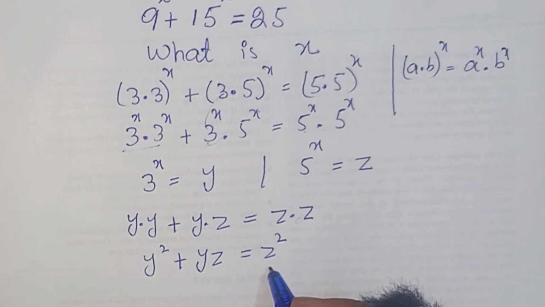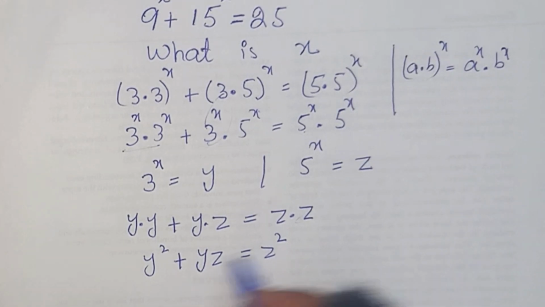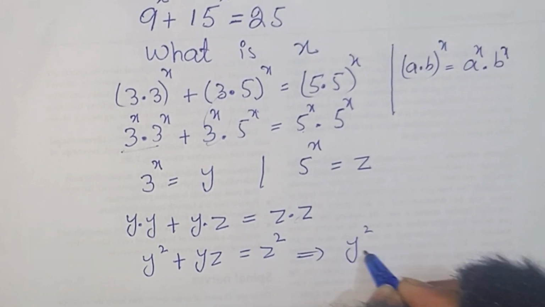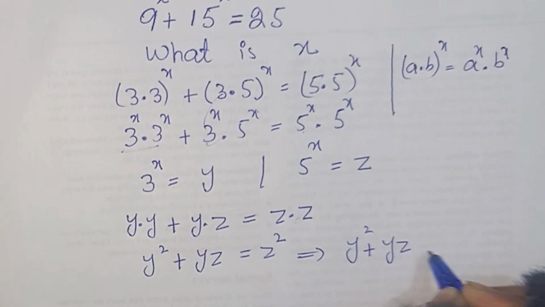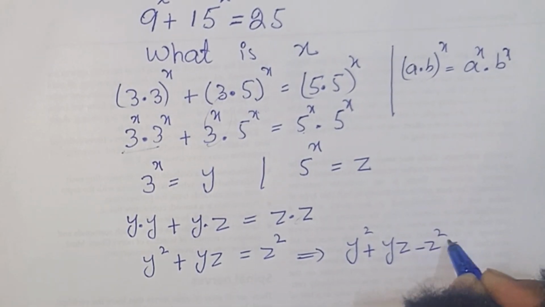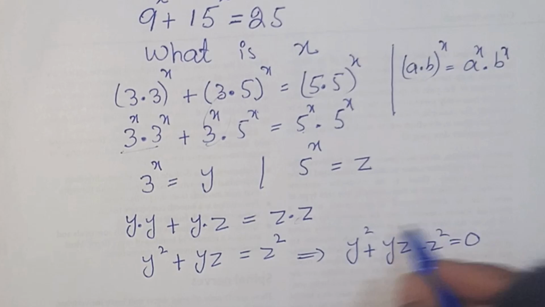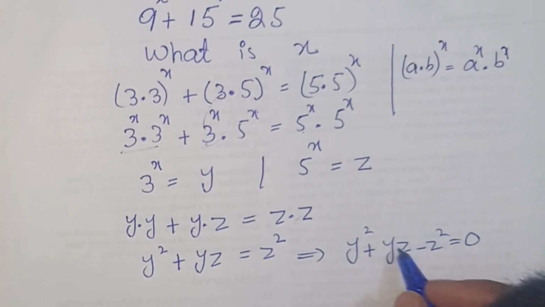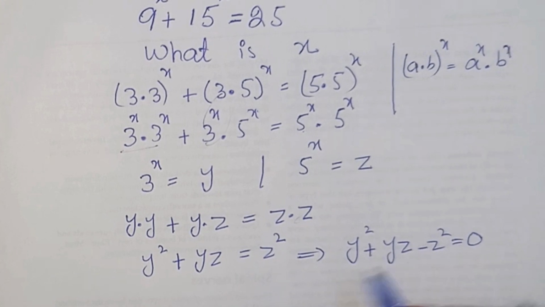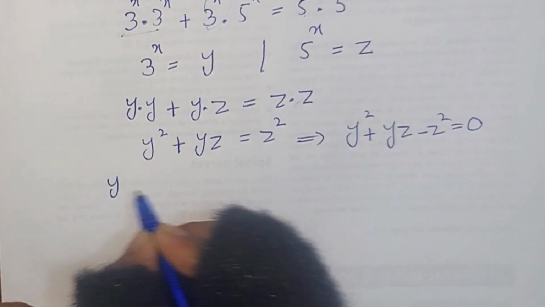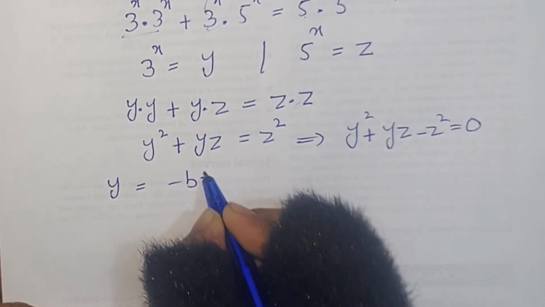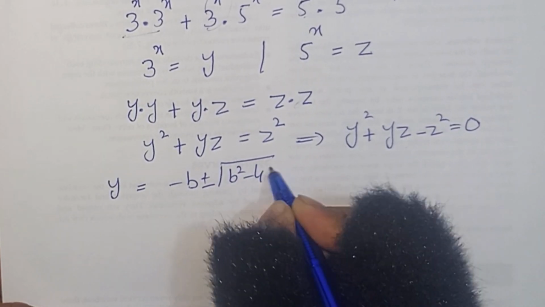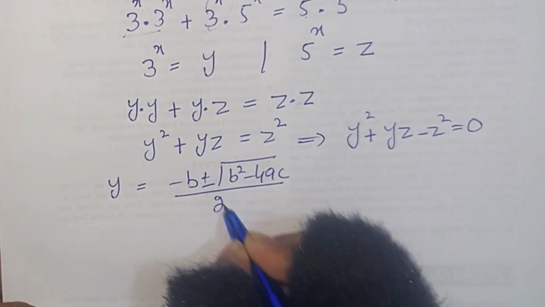In the next step, if we subtract z square on both sides of this equation, it becomes y square plus yz minus z square equal to 0. This is a quadratic equation, so we treat it as a quadratic in y. The formula is y equal to minus b plus minus square root of b square minus 4ac, divided by 2a.